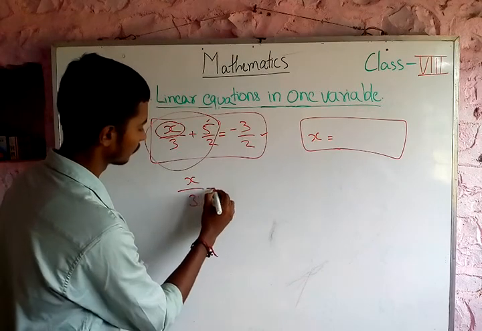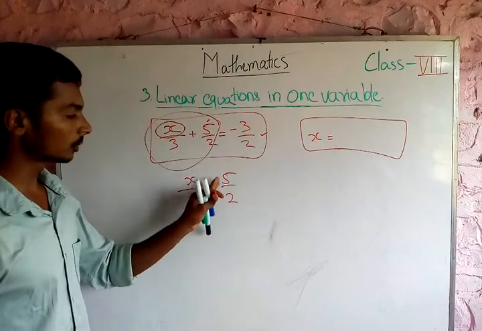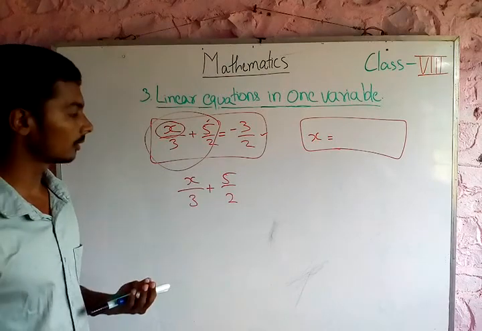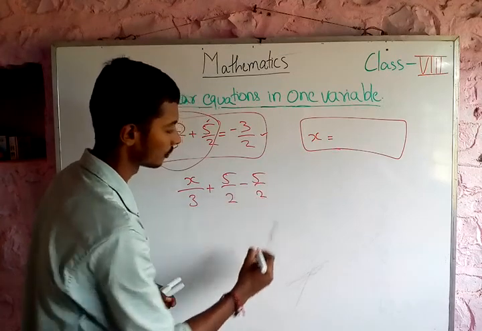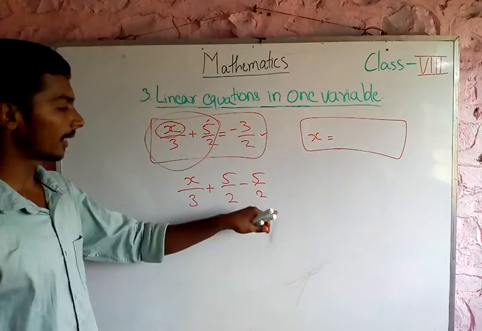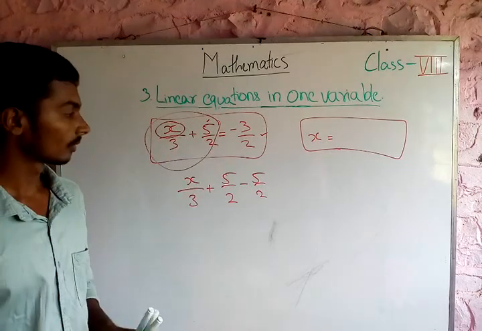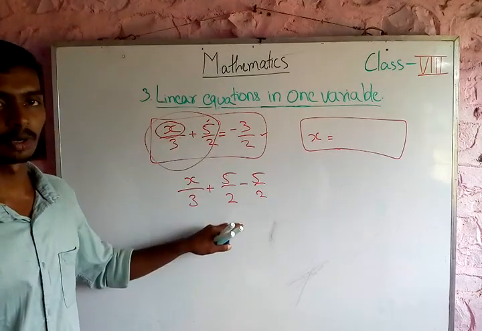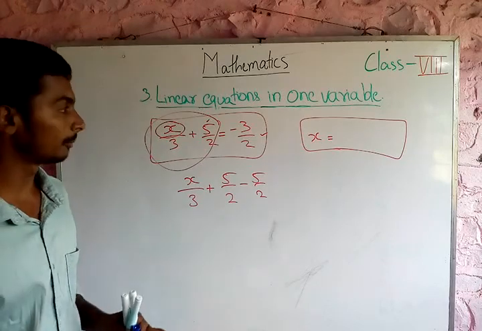x by 3 plus 5 by 2. To remove this 5 by 2, what can I do? I can subtract another 5 by 2 from this. Okay, if I perform this operation only on one side, on the LHS, then the equation will not be balanced.